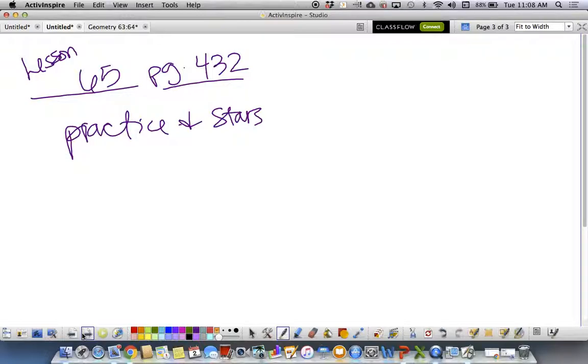Alright, we're doing the practice and the stars, but we need to talk about example 4. Is parallelogram PQRS a rhombus? I don't know. Yes. How do you know? That's what I want to know. Because the angle... Oh no, it's not. What all do you know?